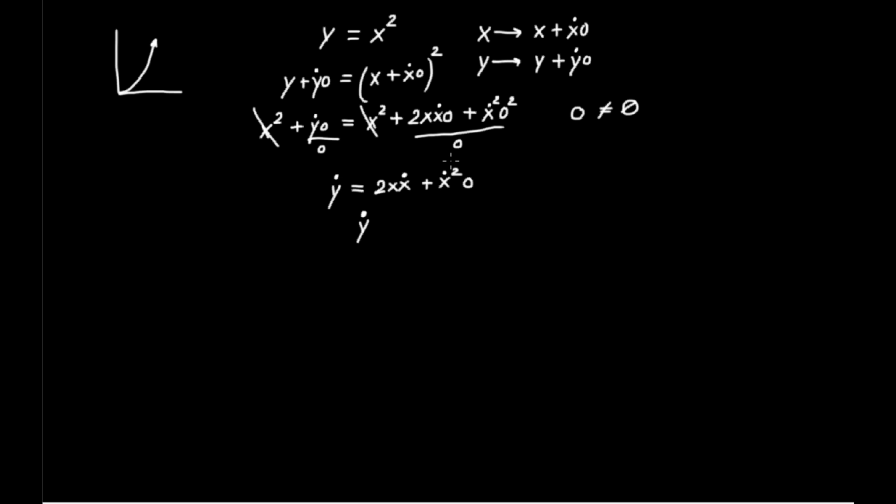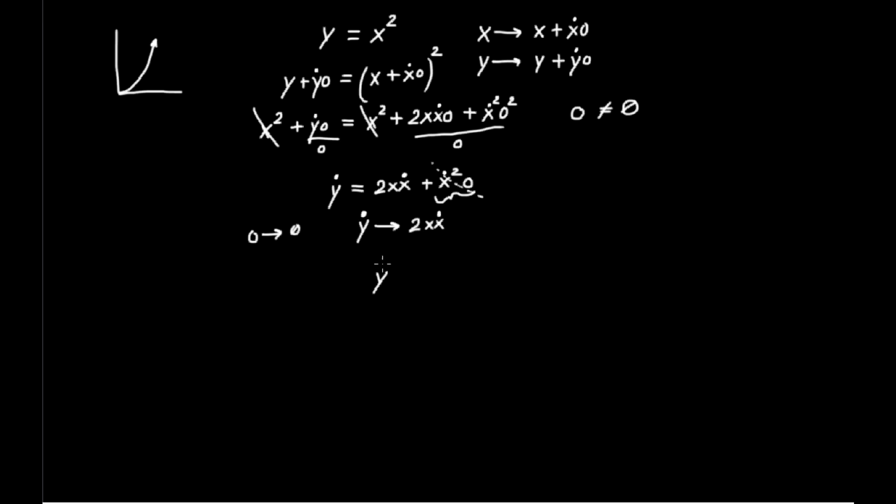And the answer to that question is, if you know calculus, this O, in the limiting sense, causes this second term to be ignored in the long run. That is, as O goes towards 0, y dot goes toward the quantity 2x x dot. So in a limiting sense, as this O quantity that's infinitesimal goes towards 0, this y dot goes toward 2x x dot.